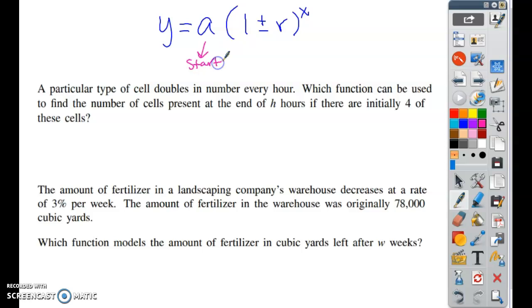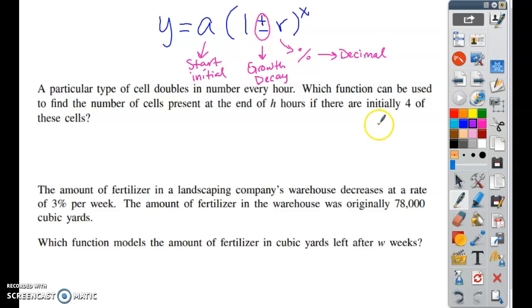Start or initial. And r is your percent turned to a decimal. And this is whether it's a growth or a decay. So you're looking for words like decrease, increase, growing, interest, stuff like that.